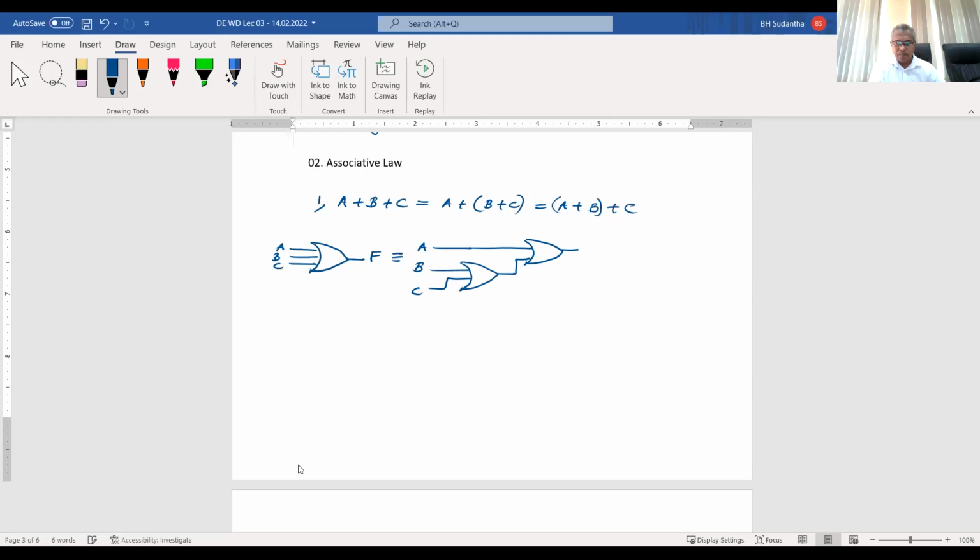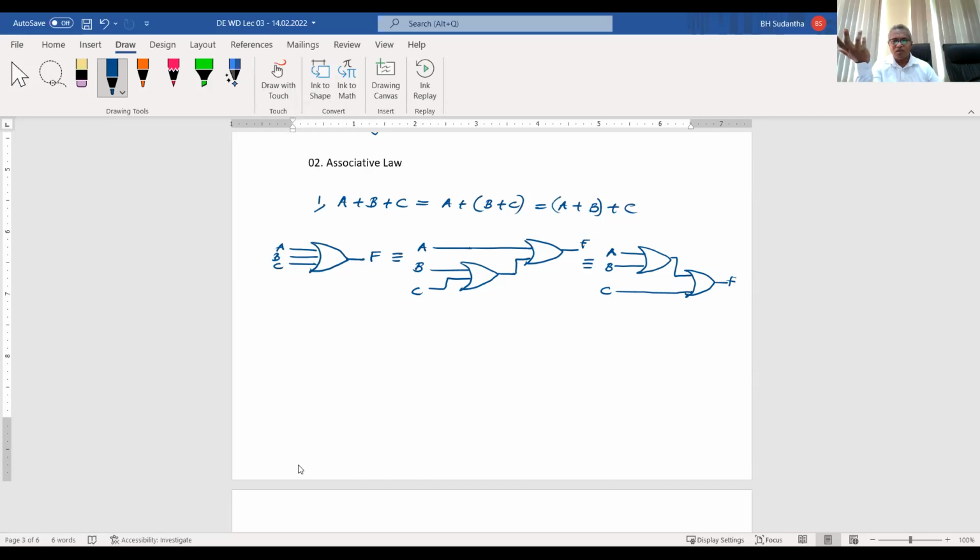this way. And also, if you have a 3 input gate, straight away you can do this one.